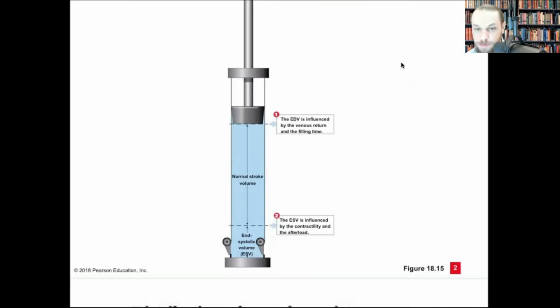End diastolic volume is the venous return, or the preload. The end systolic volume is the amount of volume that remains in your ventricles post-ejection after the systole, and all that is ejected is your stroke volume. So any questions about this formula, how you get the ejection fraction?